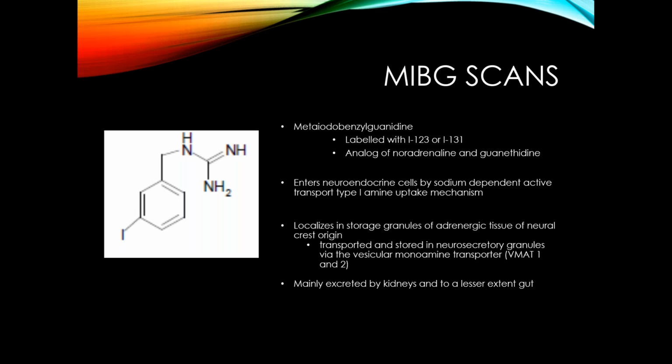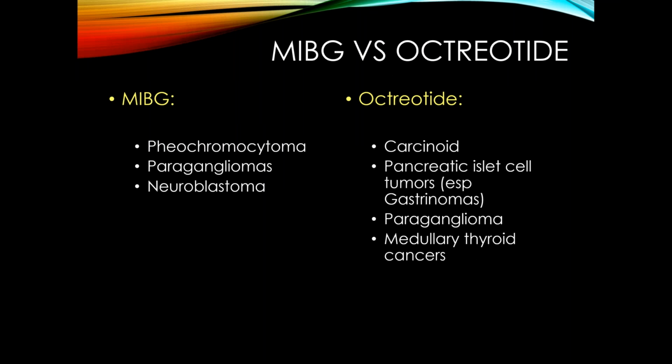Now, just briefly, I'm going to mention MIBG studies because some of you might have MIBG studies in your workup. It stands for meta-iodobenzylguanidine, and it's linked to a radioactive iodine. And it's basically an analog of noradrenaline, and it accumulates in the storage granules of adrenergic tissues. It can be seen in neuroendocrine tumors, but actually MIBG has only low uptake.